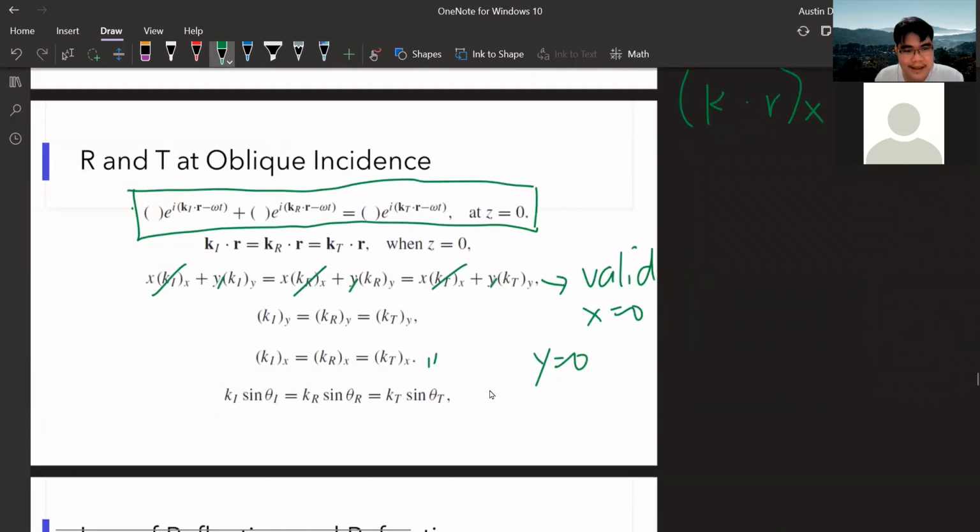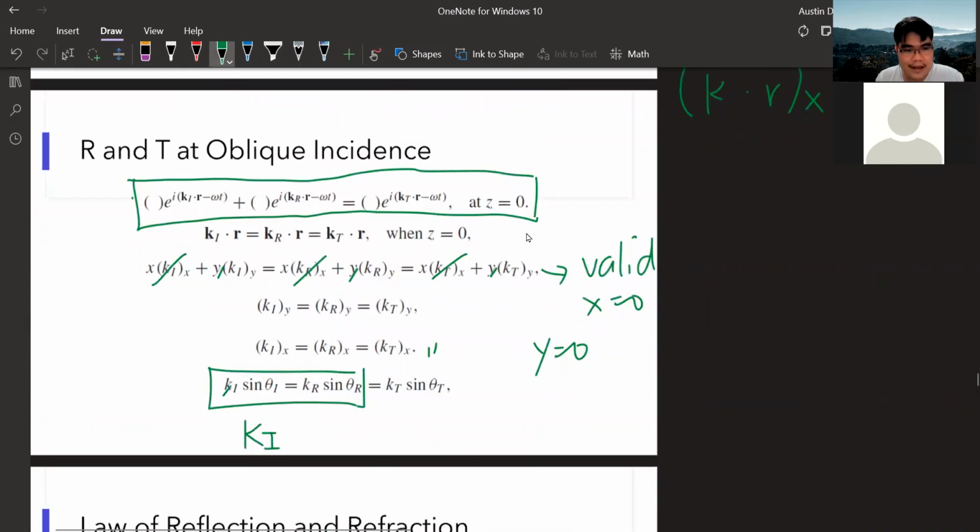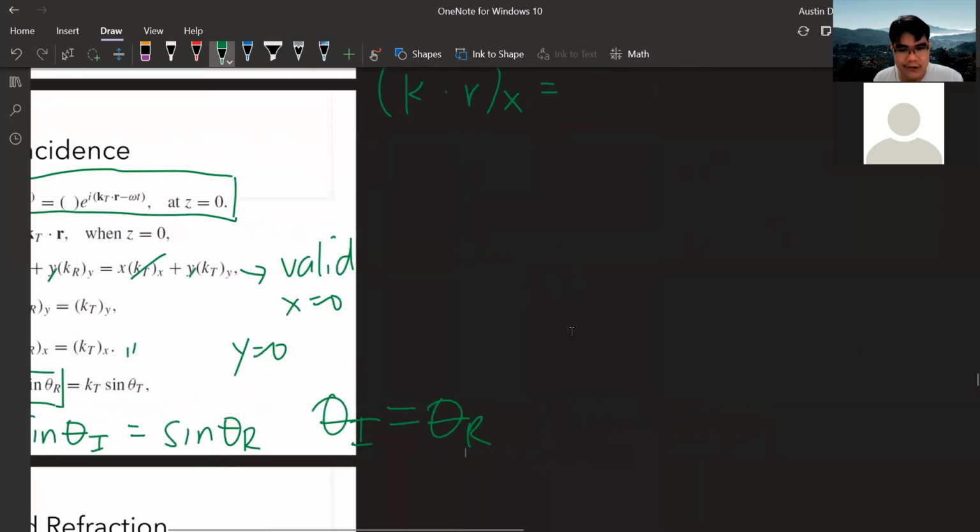Now, let's look at these two. What have we said about ki and kr? Ki and kr are indeed equal, so they cancel out. For sine theta I to equal sine theta r, this means that theta I must equal theta r. And what is this? This is your law of reflection.